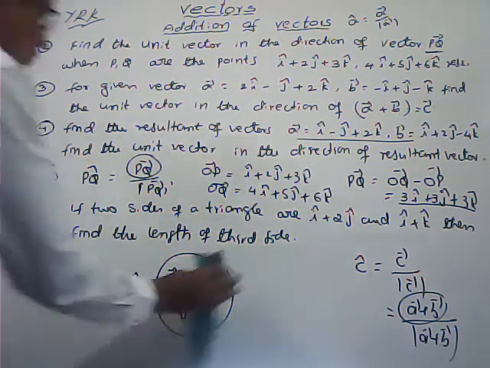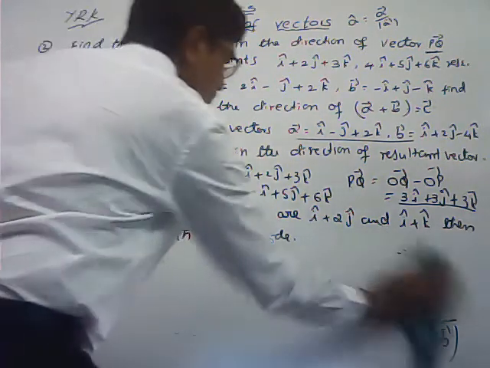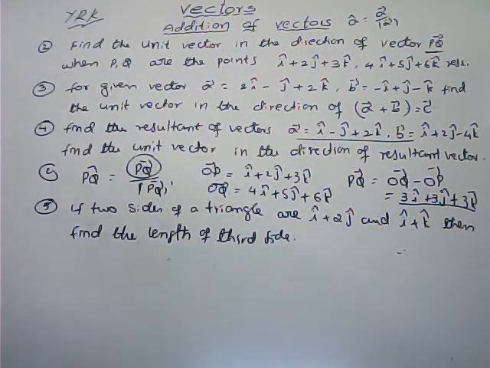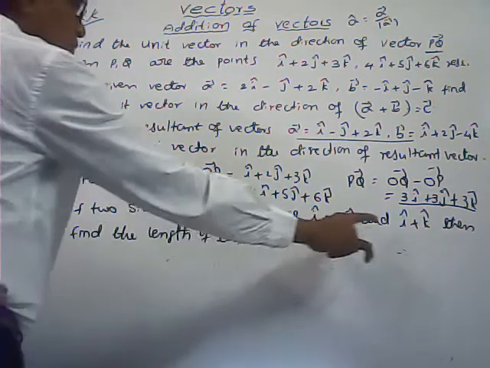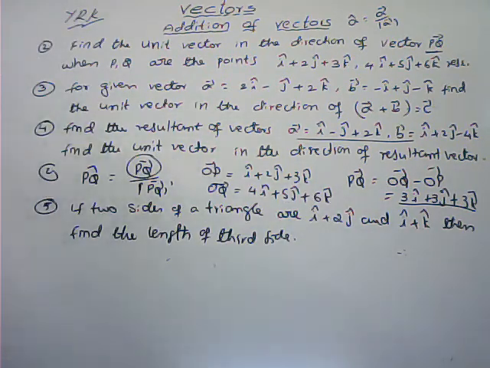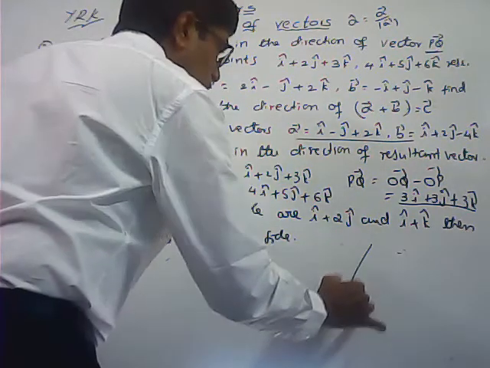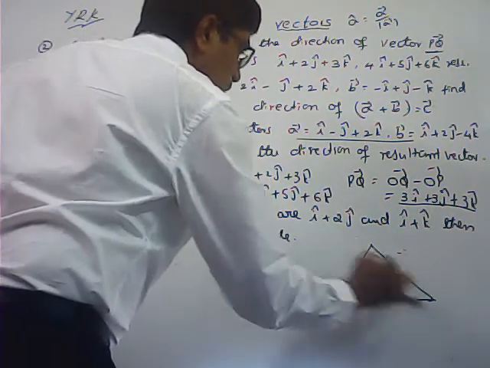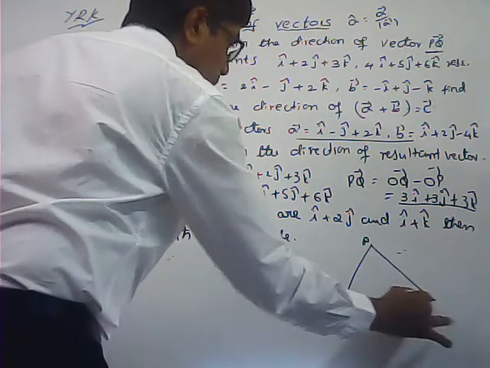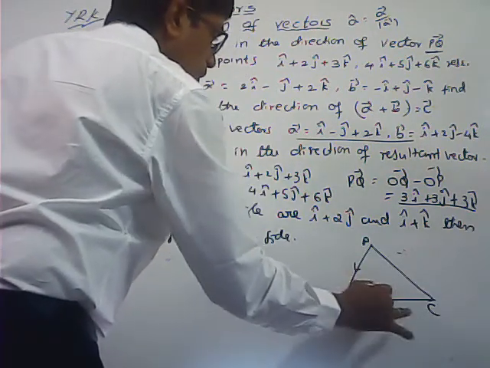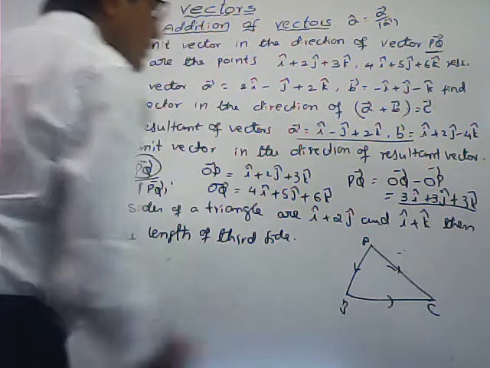Next, one more question. Two sides of a triangle are these two vectors. Find the length of the third side. For example, here the sides AB bar and BC bar are given.